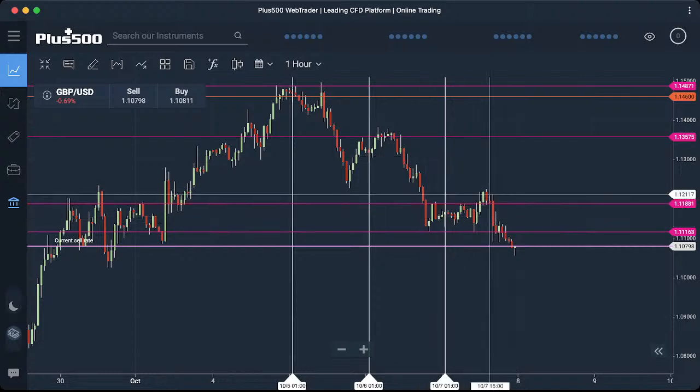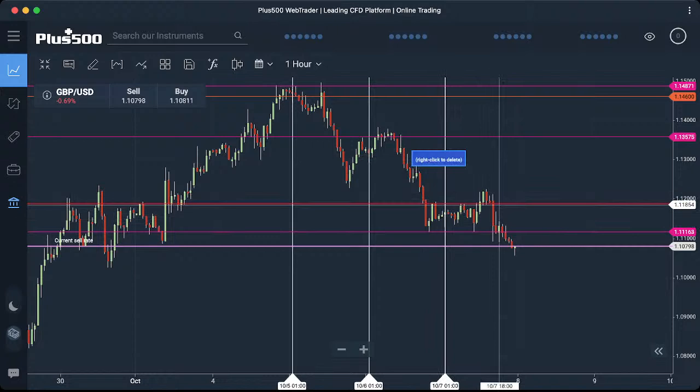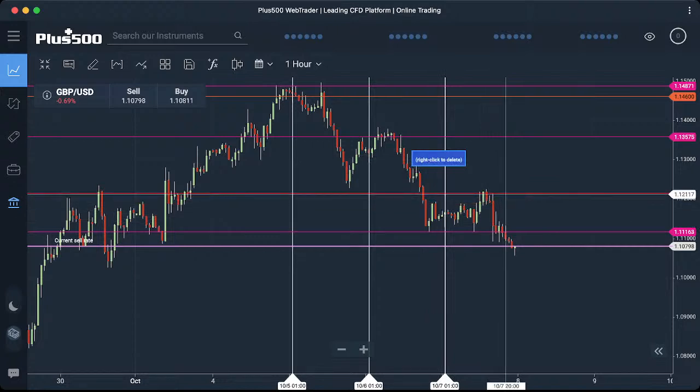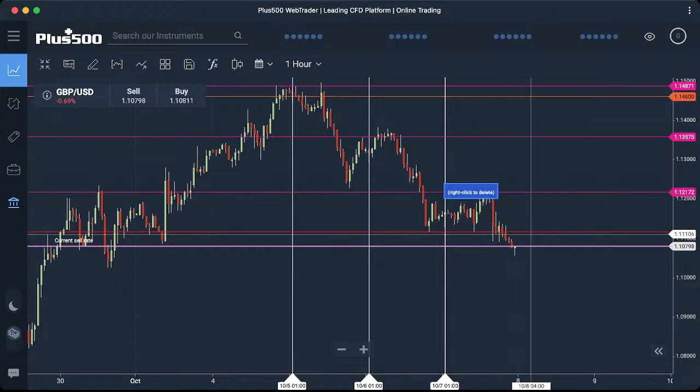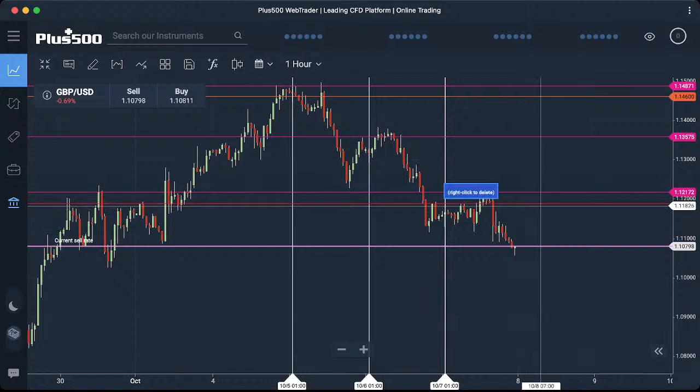So here at this level, you can see there is a fair value gap in the 1 hour chart.